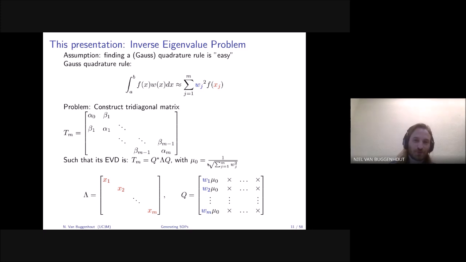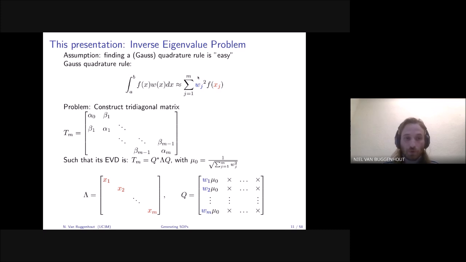So here what we're going to do is flip it around. We're going to assume that finding a Gauss quadrature rule is easy, but it's difficult to compute the recurrence coefficients. So we know that we want a tridiagonal matrix because we have orthogonal polynomials.